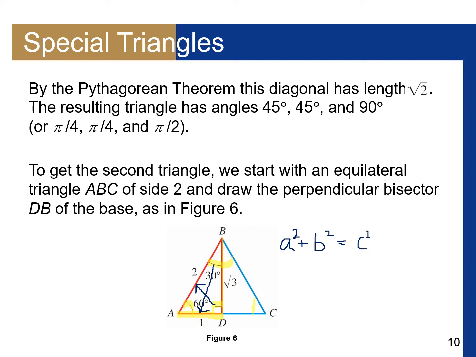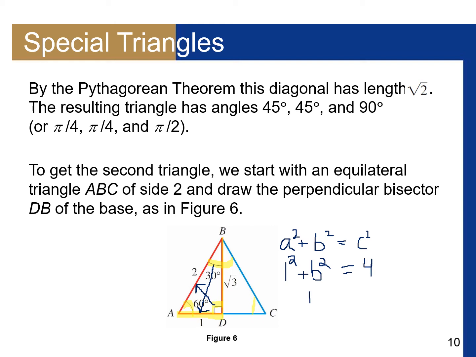if I plug in what I have, which is 1 squared, I don't know my b squared yet, and my hypotenuse is always c, so that will be 4, which is 2 squared. This will be 1.